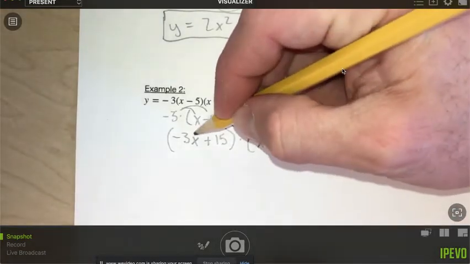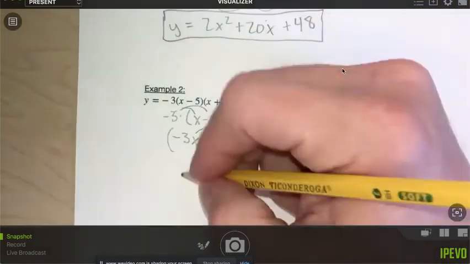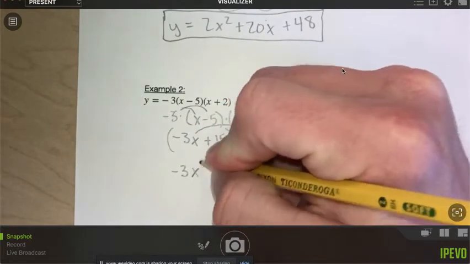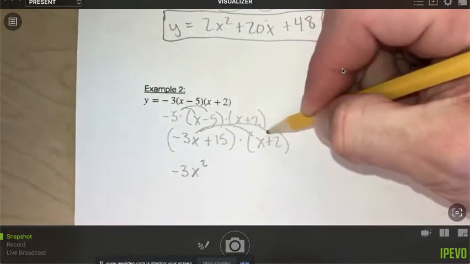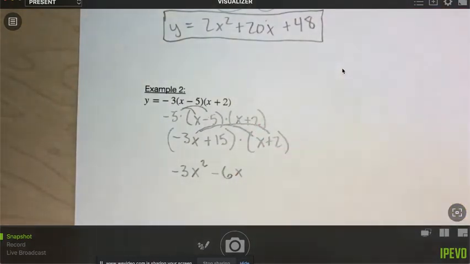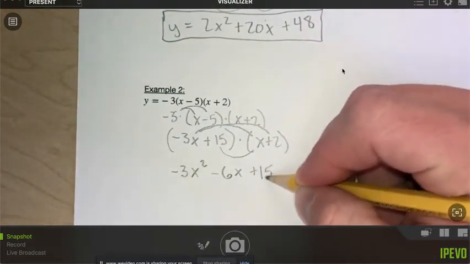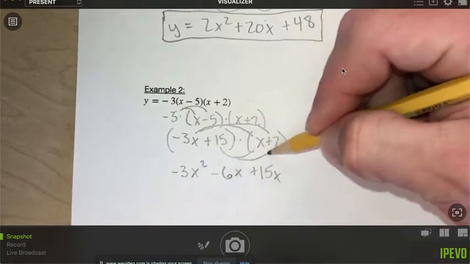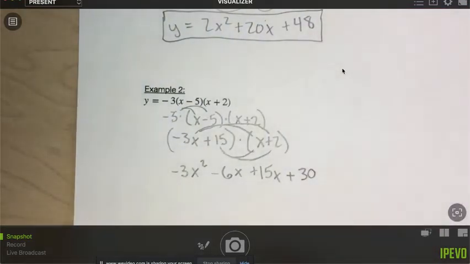So I'll just do negative 3x times x. So once again, x times x is going to be x to the second power. And then I have to do negative 3x times 2, which will be negative 6x. Then I got to do 15 times x, which will be 15x. And then finally, I have to do 15 times 2, which will be 30.